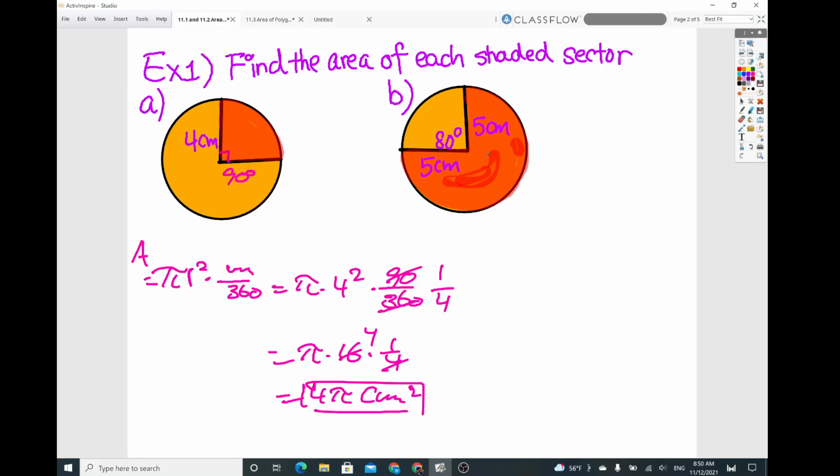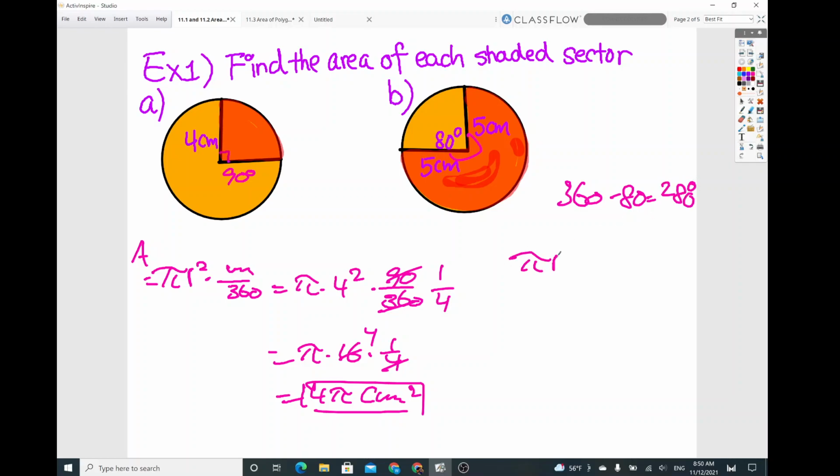The other one is quite similar, using that 80 degrees, but this time we need to subtract. To get the measure of the other part of the central angle, it's 360 minus 80. That turns out to be 240. Well, wait, it's 280, excuse me. So 280 degrees.